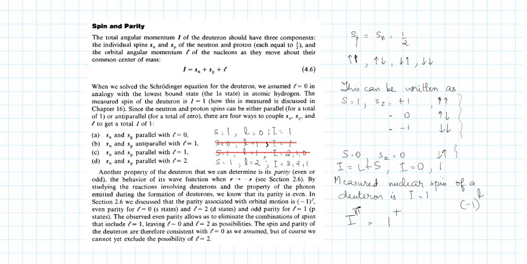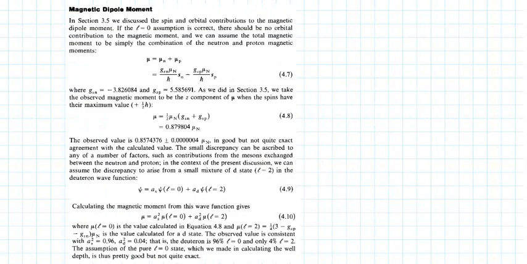There are other things which support such an option, and one such quantity is the magnetic dipole moment of a deuteron. Assuming L equal to 0, there should be no orbital contribution to the magnetic moment, and the magnetic moment would come just from the spin of the neutron and the spin of the proton.